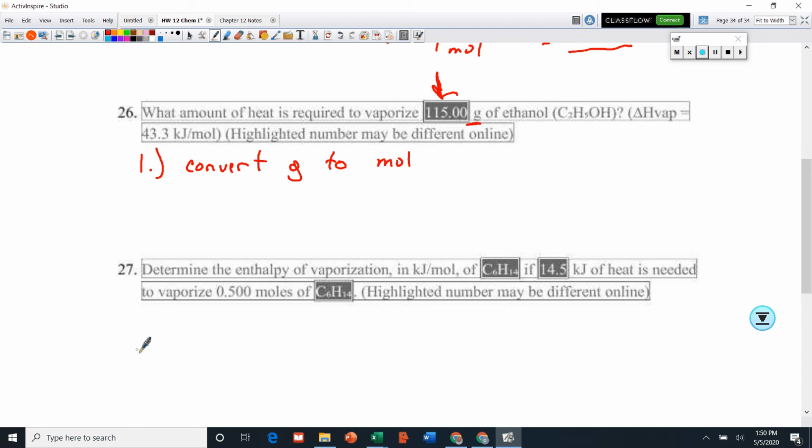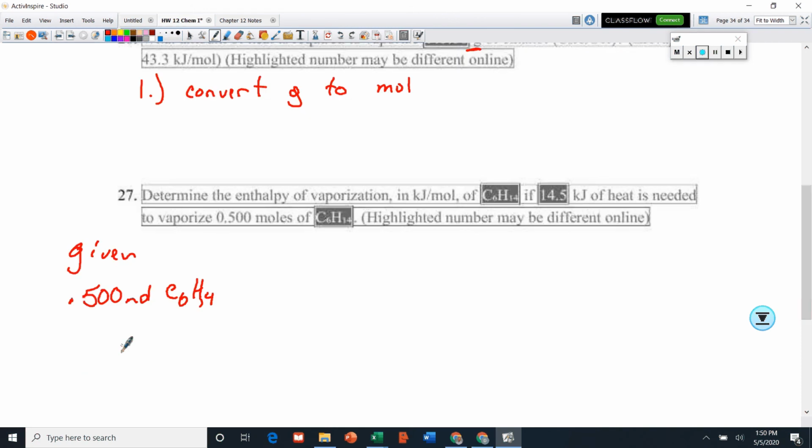So, we have our given of, we have 0.500 mole C6H14, and we have 14.5 kilojoules of heat needed.